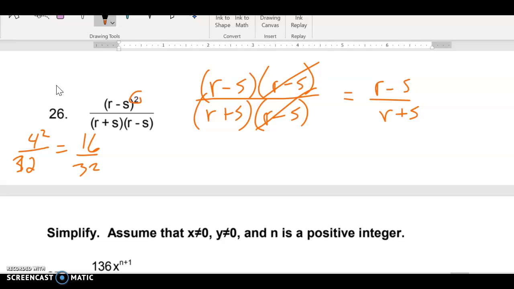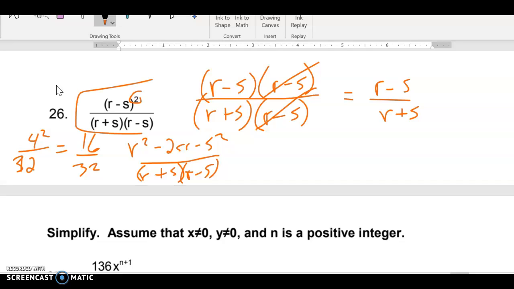That's okay in math, but with letters, it was really hard when you got r squared minus 2sr minus s squared over r plus s times r minus s. You can't factor. You can't simplify. So they want you to leave it like this and then pull things out. So this would have been your final answer.